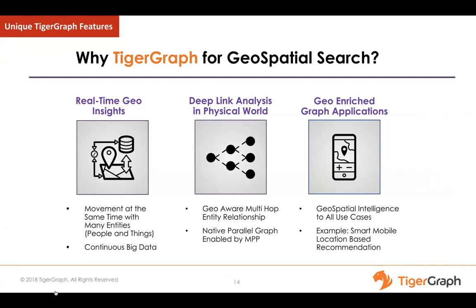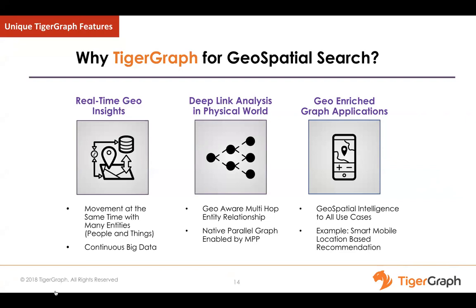So you really need that real-time insight. And you are also looking at deep link relationships. You're traversing through the graph in many hops. TigerGraph's native parallel graph architecture, enabled by MPP, really helps you resolve these geo-aware multi-hop entity relationships.